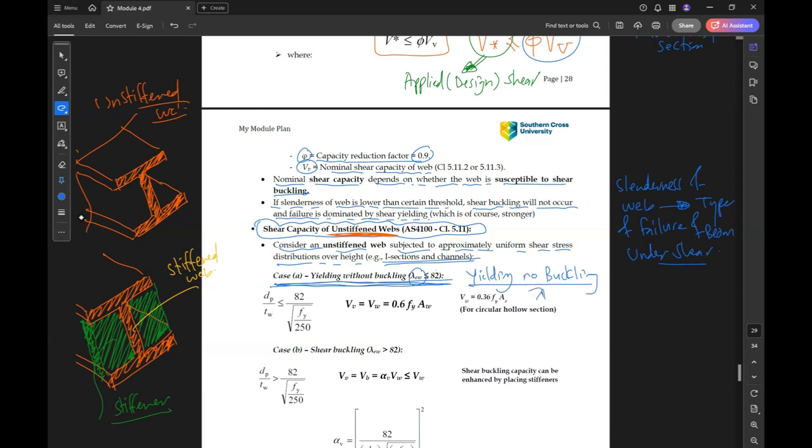So when lambda_ew is less than 82, the web fails due to yielding, not buckling. Based on the formulas here, when d_p over t_w is less than or equal to 82 over root of f_y over 250, the formula we use is Vv equal to Vw equal to 0.6 f_y times A_w, and this is the maximum shear capacity of the web.